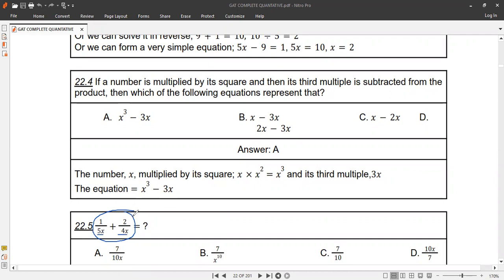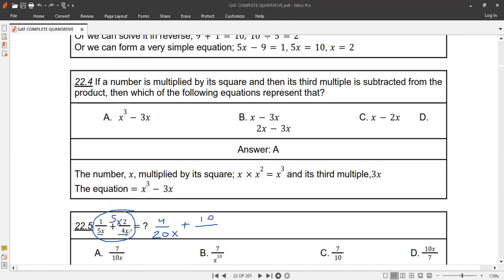So if we multiply the first fraction by 4, it will become 4 over 20x. Of course, you need to multiply up and down. Plus, multiply the second one by 5, up and down. 5 multiplied by 2 equals 10.